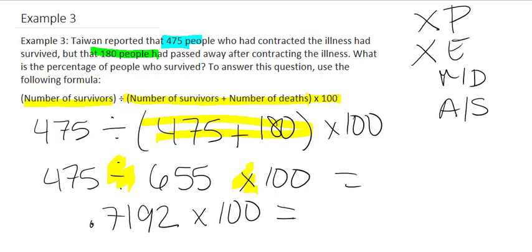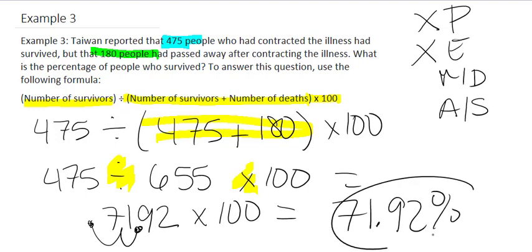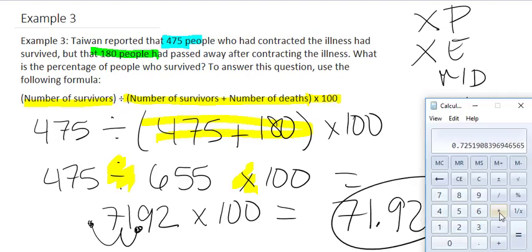This is our final step. And so like the last one, because times 100 is moving the decimal over two places, we can go like this. We go 1, 2, place the decimal right there. So we get 71.92%, which I can also see by this, times 100.